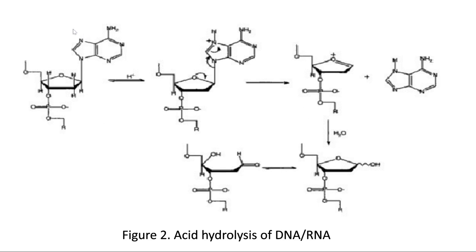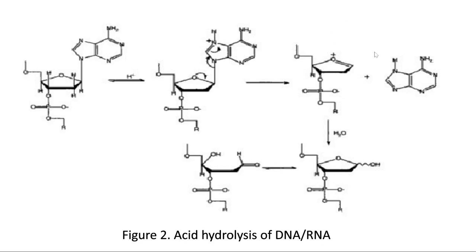Here you can see on the left side the nucleic acid, whether DNA or RNA, and it is being treated by an acid. We can see the attack where this base is being removed, and you will have this structure without the base. This structure where the base is missing, we say it is an apurinic site.